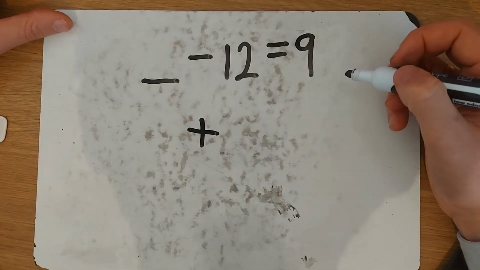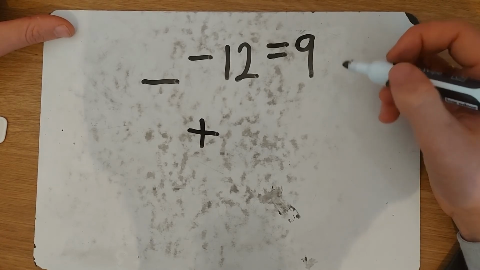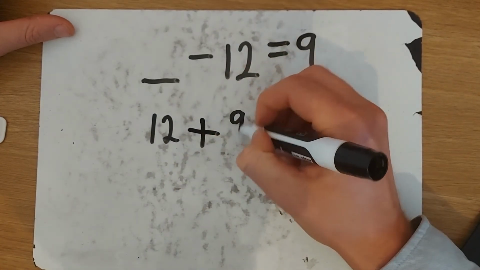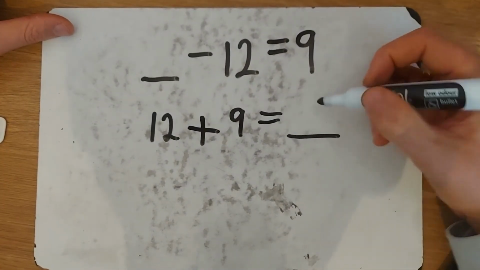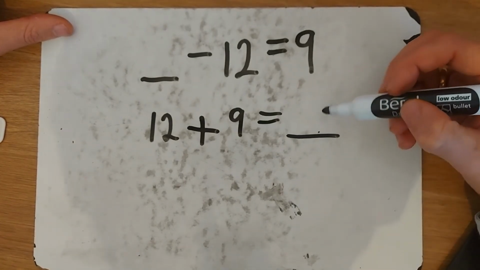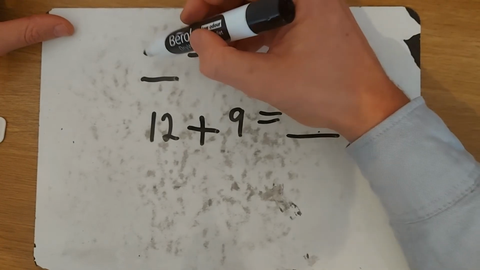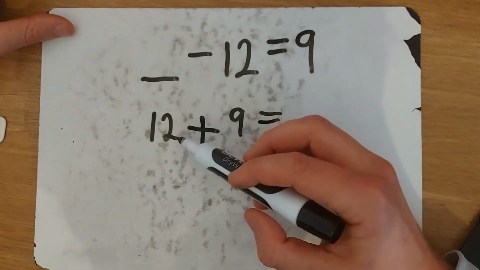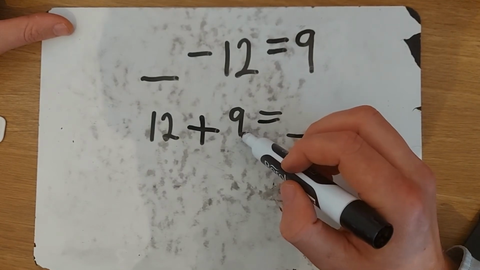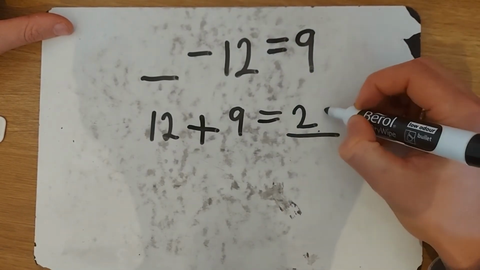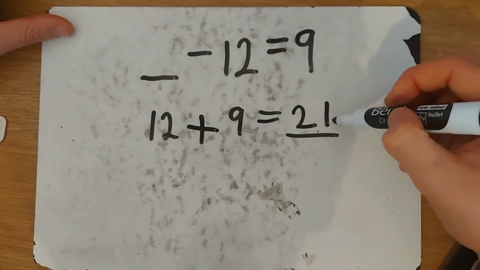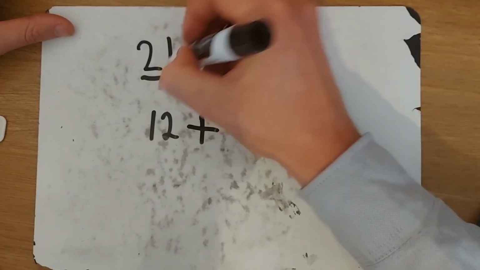And now if I want to find the unknown here, I need to do 12 plus 9 equals, and again, the answer I get here will be the answer to my unknown here. So I do 12 plus 9, and that should equal 21. Being very careful on getting this correct. So that 21 is my unknown here, so I can add that in.